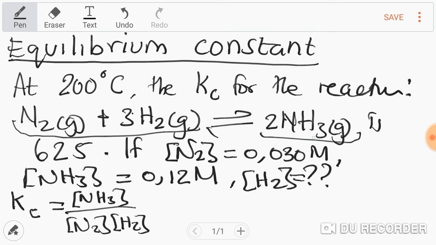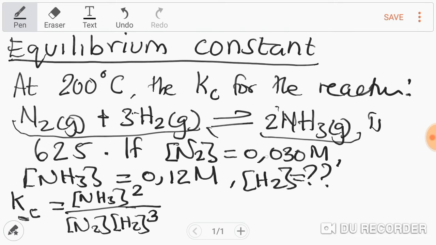So the coefficient of the product is 2, and for H2 is 3. So we put it as an exponent, and then we substitute our known variables. We have to put whatever we know in our equation.